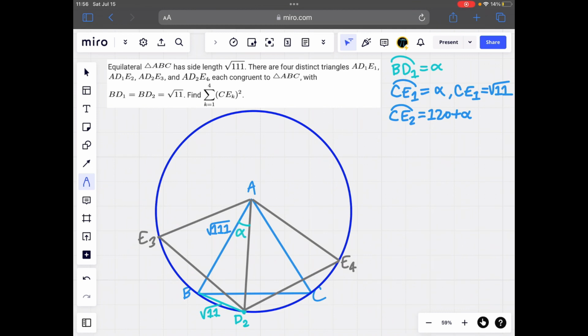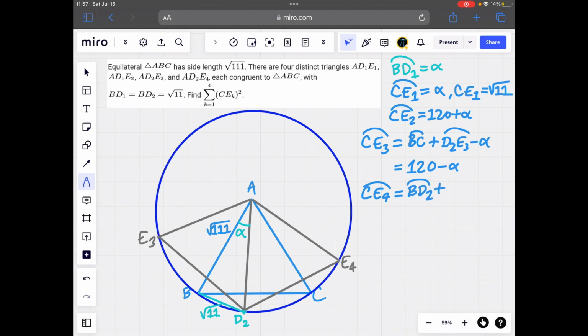So first we have arc CE3. I'll do that in blue. Arc CE3, that's equal to arc BC plus arc D2E3 minus alpha. So since both arc BC and D2E3 are 60, because ABC and AD2E3 are equilateral triangles, that's going to be 120 minus alpha. And arc CE4, well, that's just equal to arc BD2 plus arc D2E4 minus arc BC.